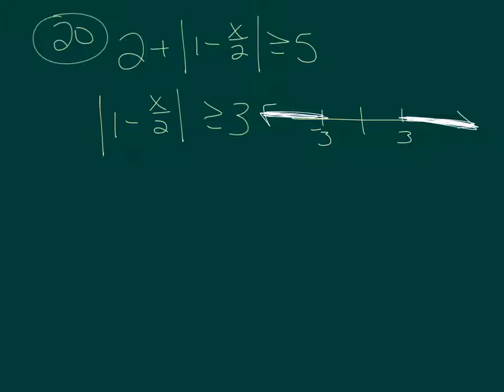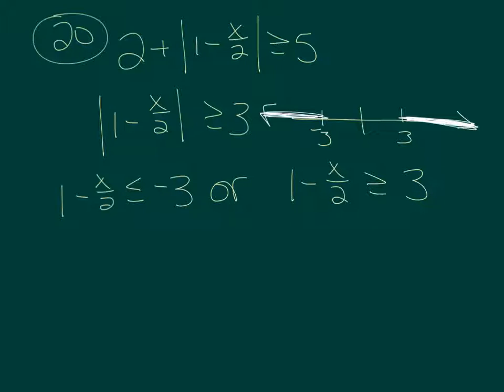You take what's on the inside, and you see that everything over here is less than or equal to negative 3, or everything over here is greater than or equal to positive 3.